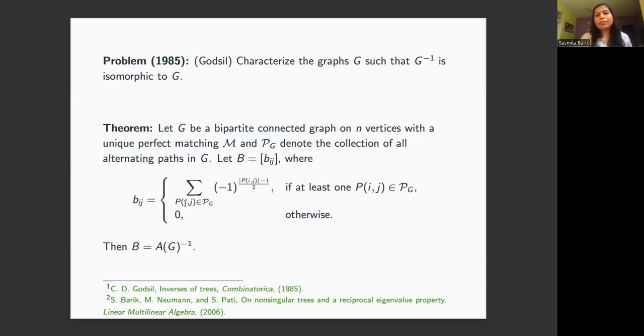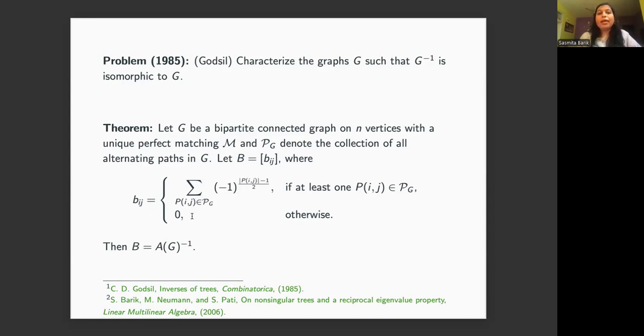So what will be those entries? Those entries will be a summation over all the alternating paths between i and j. And you calculate this quantity, minus 1 to the power of the length of the alternating path. As I told, the length is always odd. So this will contribute plus 1 or minus 1, and then you have to take a sum.